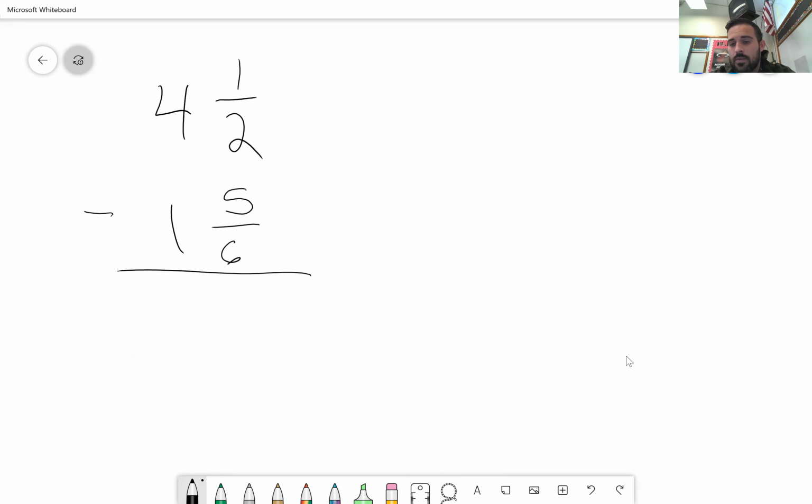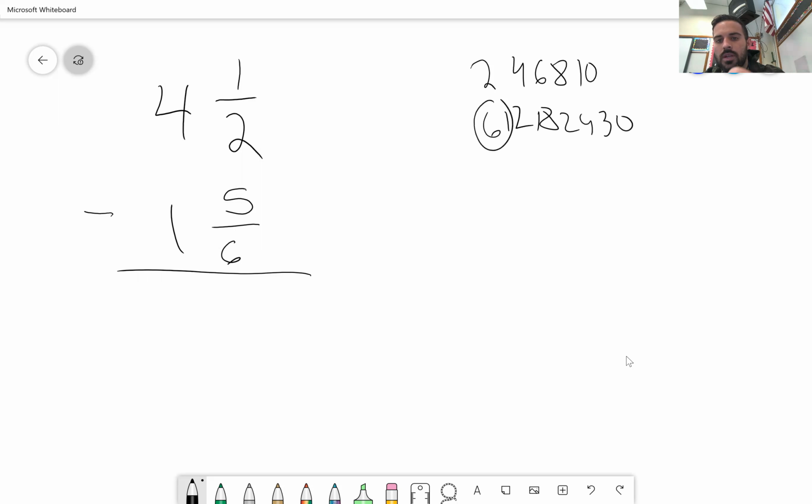Let's follow the steps that we've been doing for the past couple of weeks, right? We need to find the common denominator of 2 and 6. So we have 2, 4, 6, 8, 10, and 6, 12, 18, 24, 30. So our common denominator is 6. Let's rewrite our mixed numbers with our new denominator.